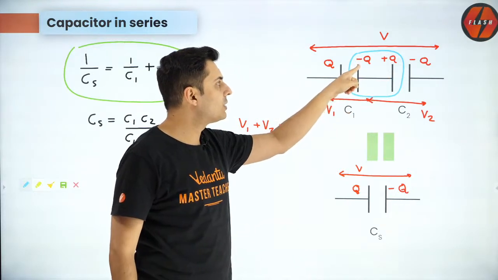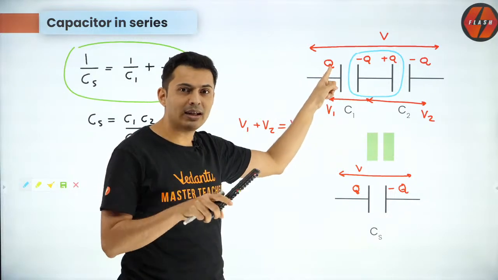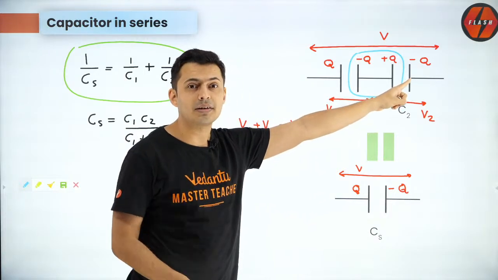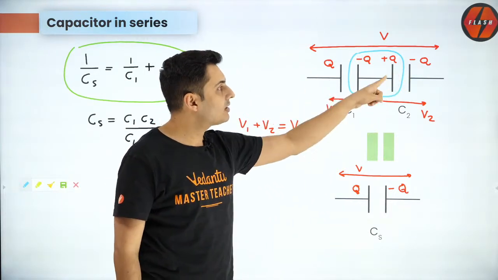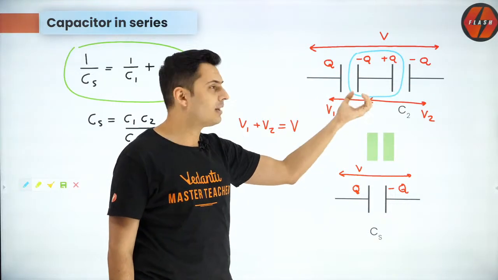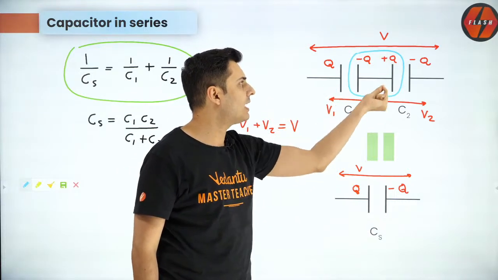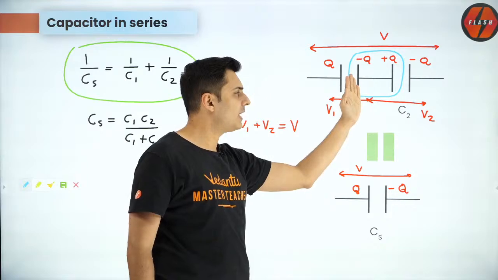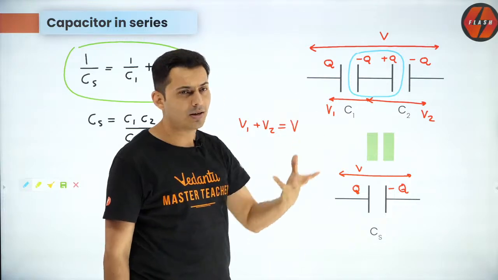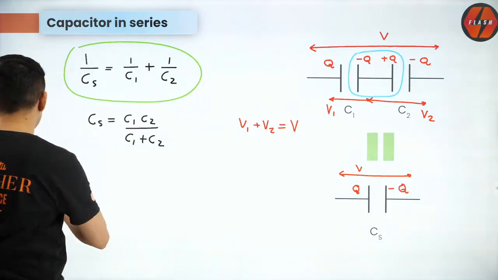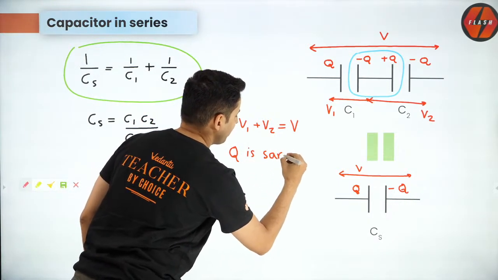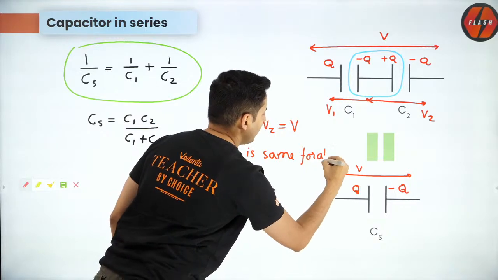Now, if this has minus Q, naturally the opposite plate must have plus Q. And if this has plus Q, naturally this plate must have minus Q charge. That's how we can prove that the charges on all the capacitors are the same using the principle of conservation of charge, nothing else. So the total charge inside this blue diagram is 0. If this is plus, this should be minus, and vice versa. And opposite plates, we know they always have opposite charge but of the same magnitude. So that's why the charges are the same. So I'm going to write that down. Q is the same for all the capacitors.